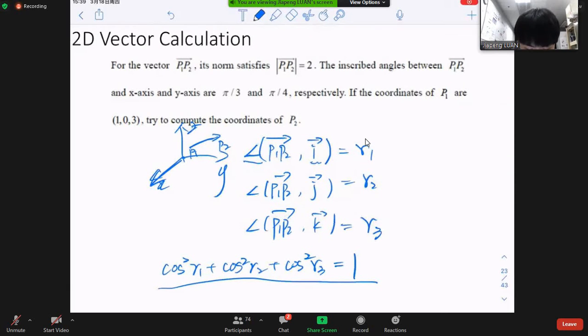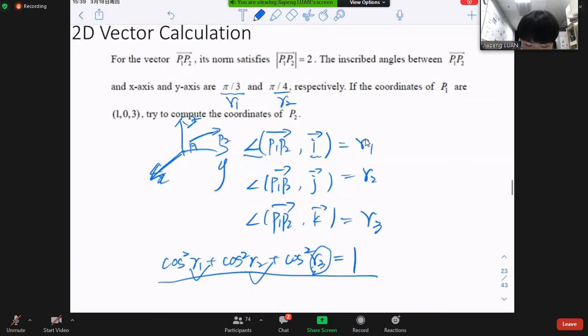And then for this question, you already know gamma 1 and gamma 2, so it is easy to compute gamma 3. And if you know gamma 1, gamma 2, and gamma 3, I think you still remember how we calculate the angle between two vectors.